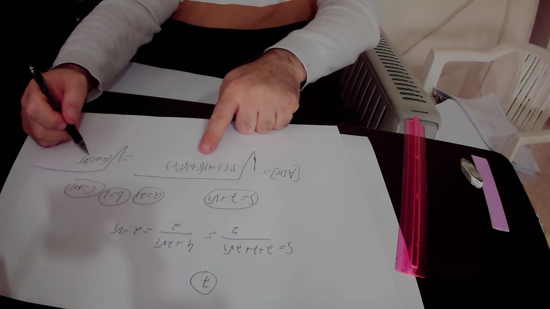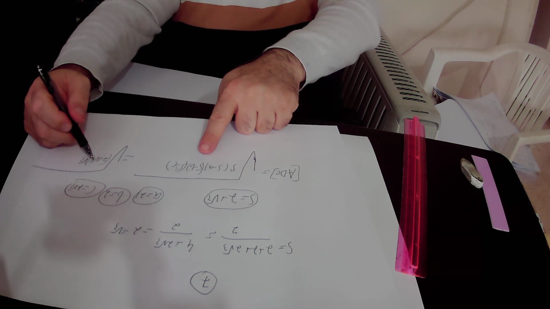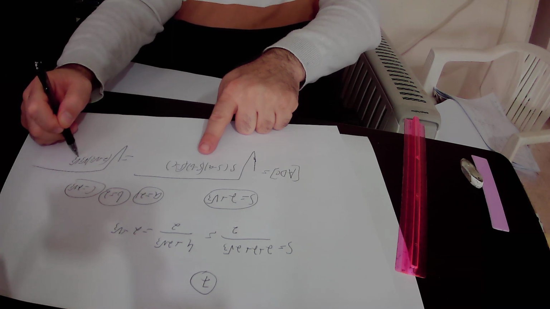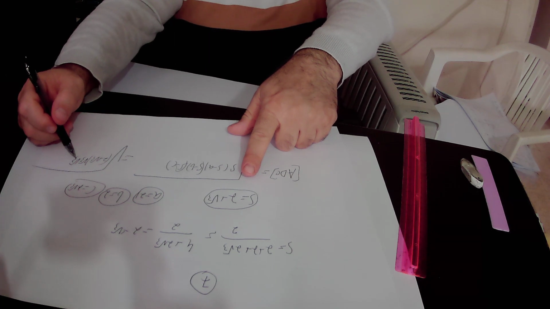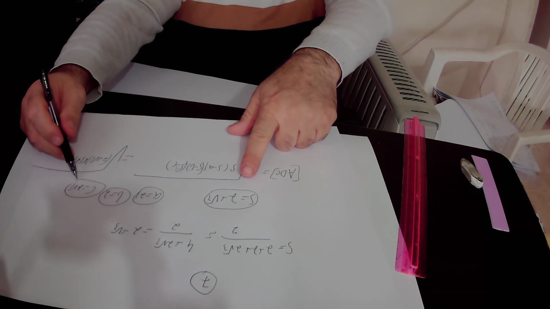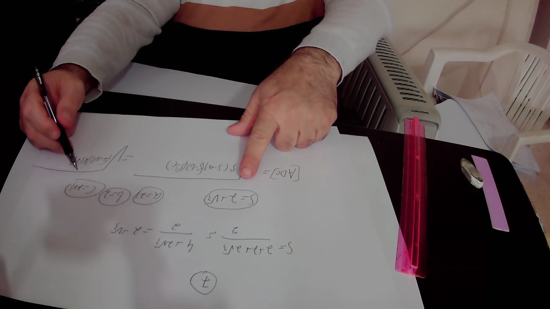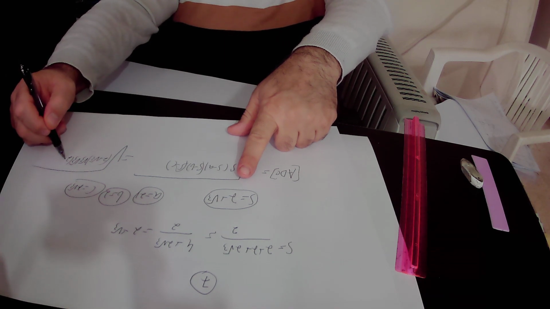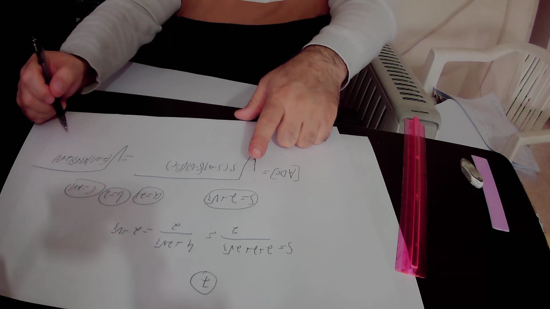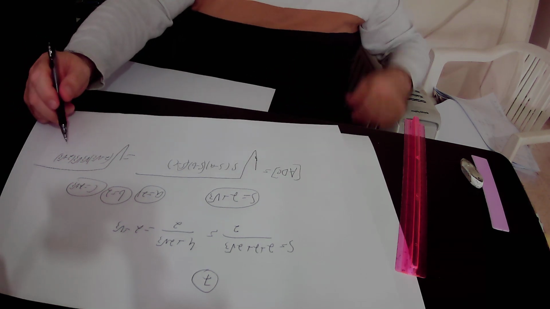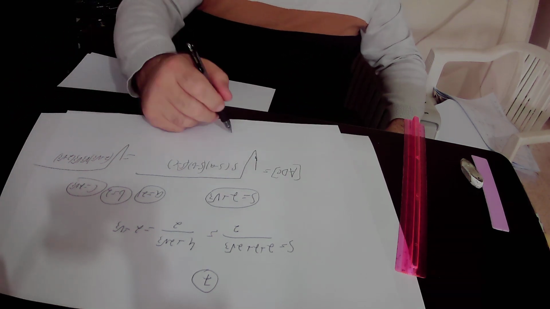S minus B is also square root of 3 because A equals B. And S minus C is 2 plus square root of 3 minus 2 times square root of 3. That is to say it equals 2 minus square root of 3. And square root of 3 times square root of 3 is 3.